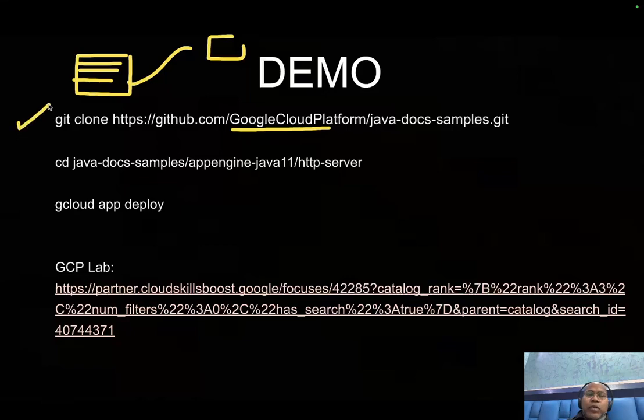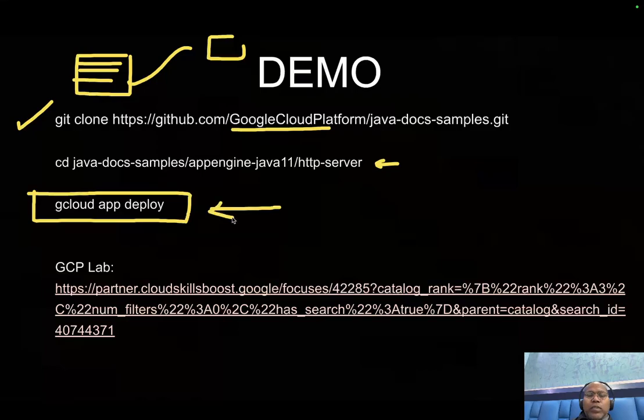I just do a git clone, or you can clone your own repository, and after that just go to the main application which you want to deploy, and we only have to run one command. This is the gcloud app deploy command from the Google Cloud SDK. You go and run gcloud app deploy, and this command is going to deploy your application. Now your source code is deployed on the environment.